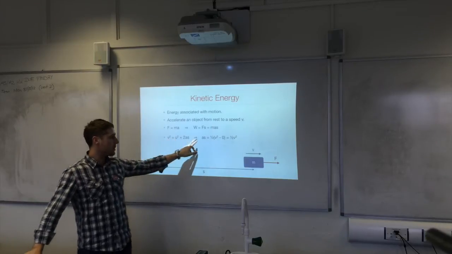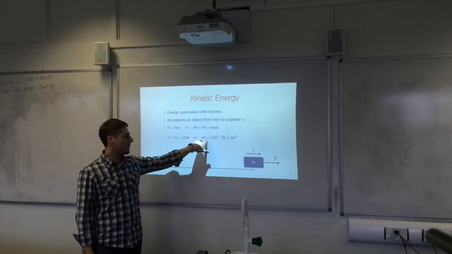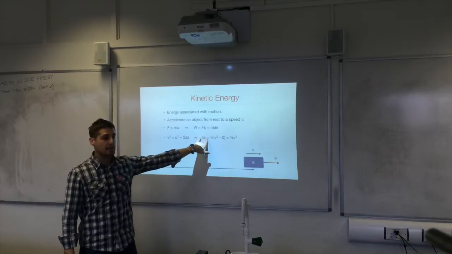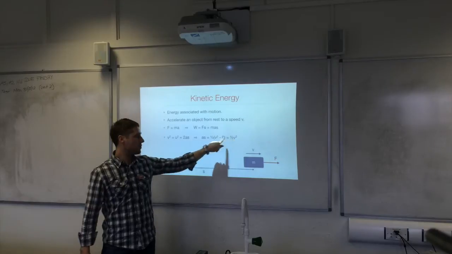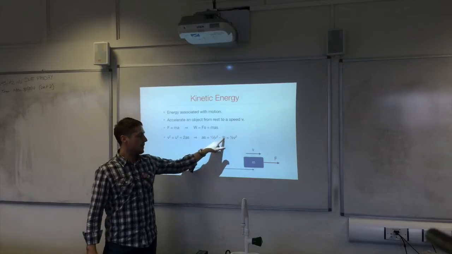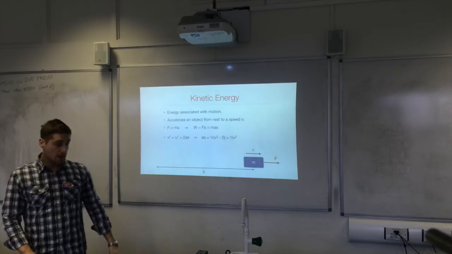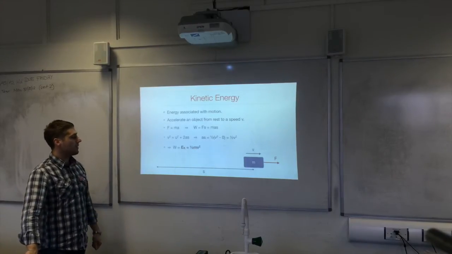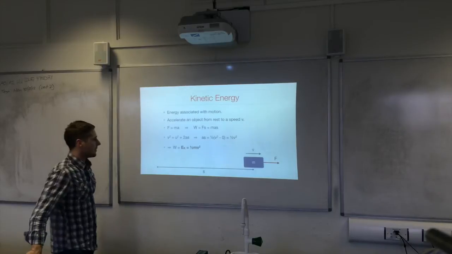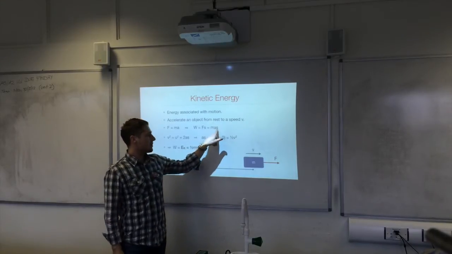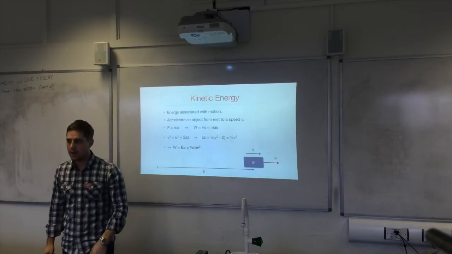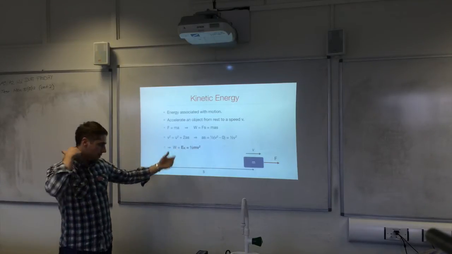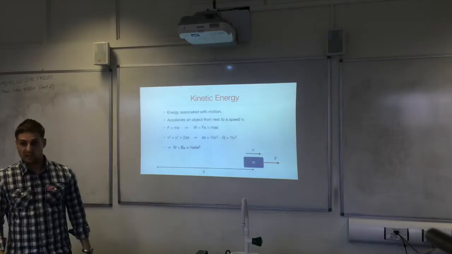Then I rearranged it to get a substitution for as. So as is equal to a half v squared because the u squared term is 0. And the work done then is a half mv squared because I'm replacing the as with the half v squared. So I've got my term for kinetic energy. You don't need to know that derivation, I'm just showing it to you because it's there.